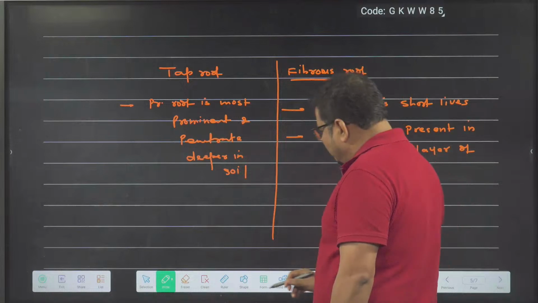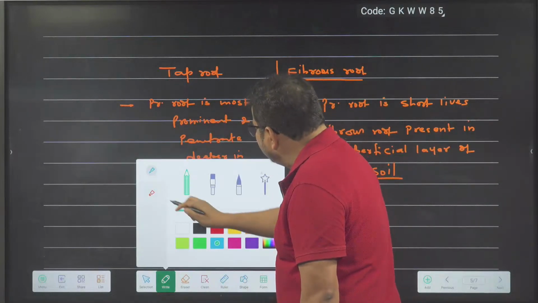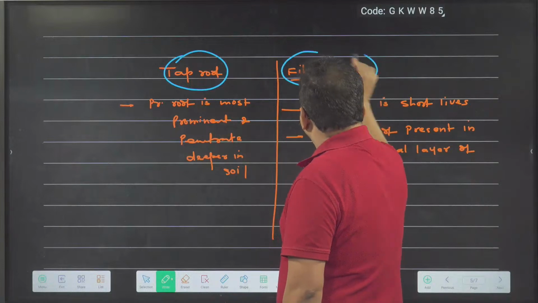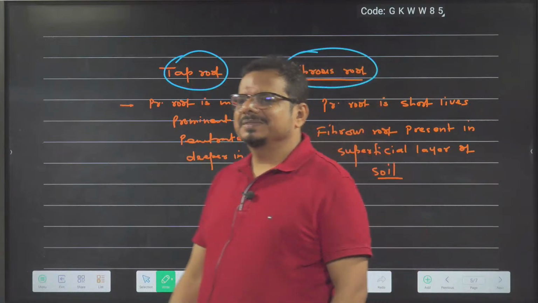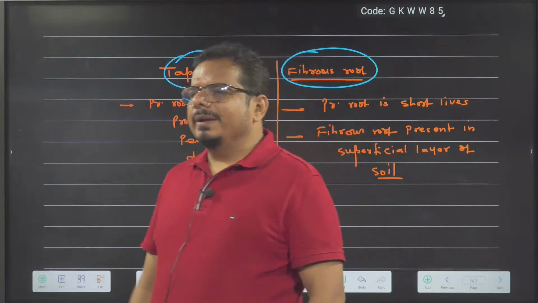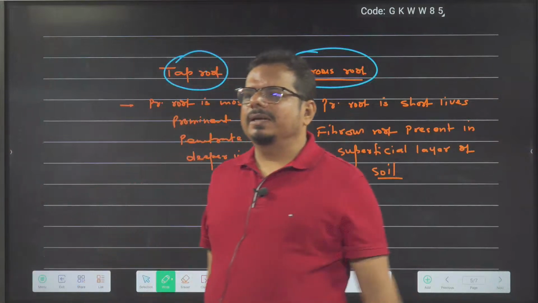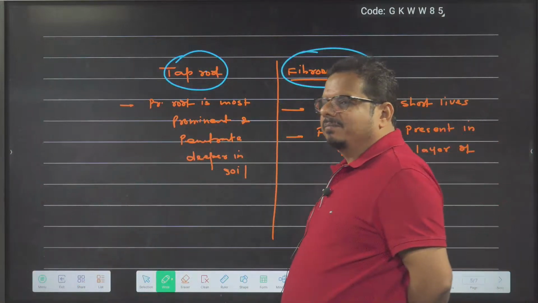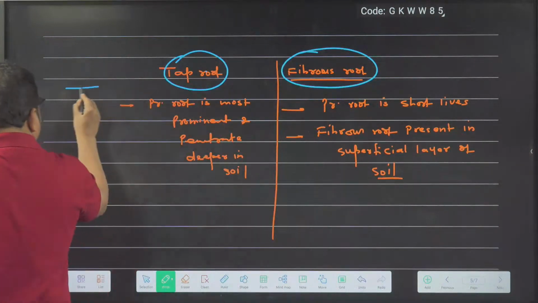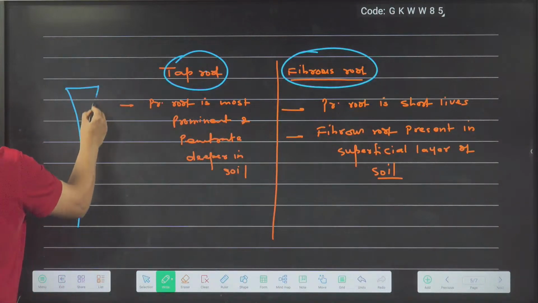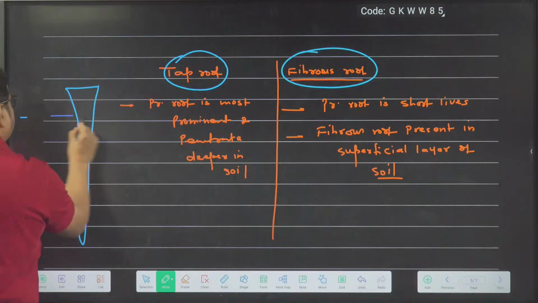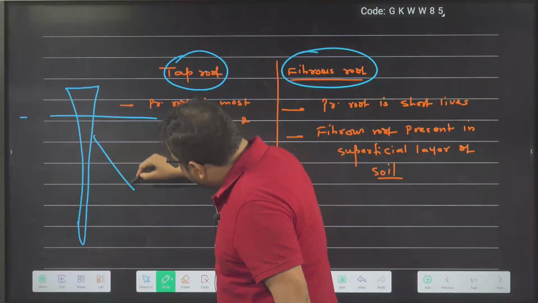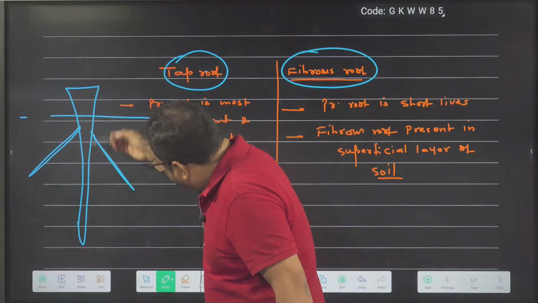So if I ask a question, out of tap root or fibrous root, which gives better anchoring to the plant in the soil? Which holds the plant in a stronger way? Tap root. It is penetrating deep. Suppose here it is penetrating, it is the soil, so it is going deeper into the soil, and these are some lateral branches of it.